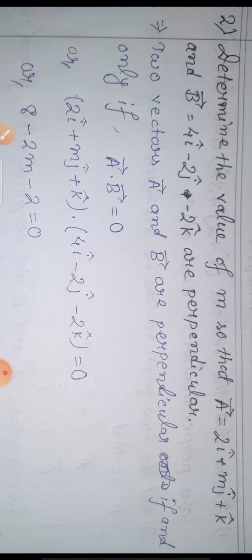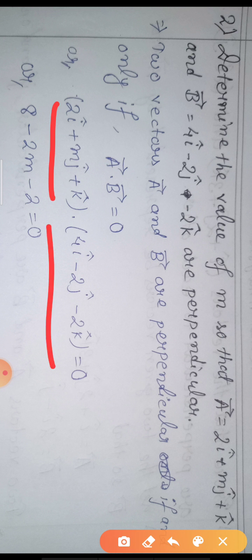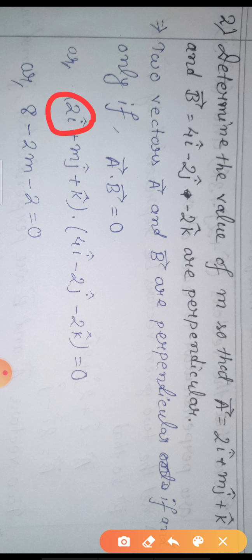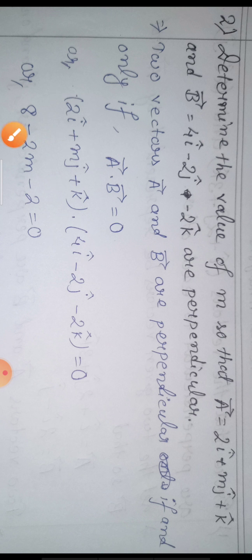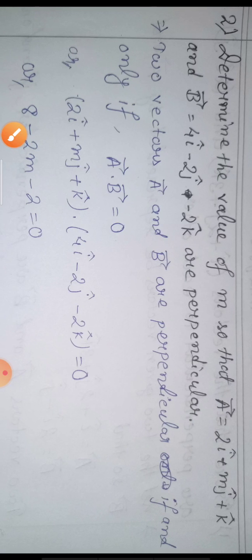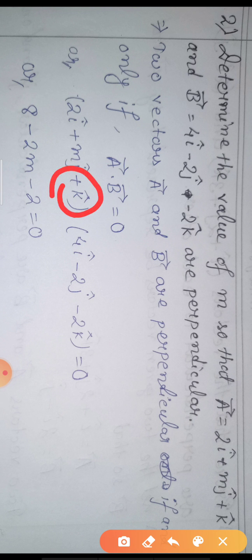So let's put the values of A and B. The value of A is 2i hat plus mj hat plus k hat, dot 4i hat minus 2j hat minus 2k hat. Now just multiply: 2 into 4 is equal to 8, plus m into minus 2, which is minus 2m, plus 1 into minus 2, that means minus 2.